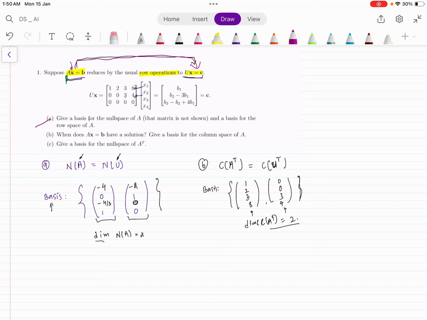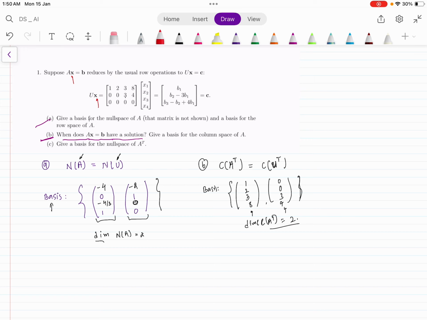Now let's come to this question part B, when does Ax equals B have a solution? If Ux equals B has a solution, then Ax equals B will also have the solution, because the null space is going to be the same, so the solution for both of them is going to be the same, right?